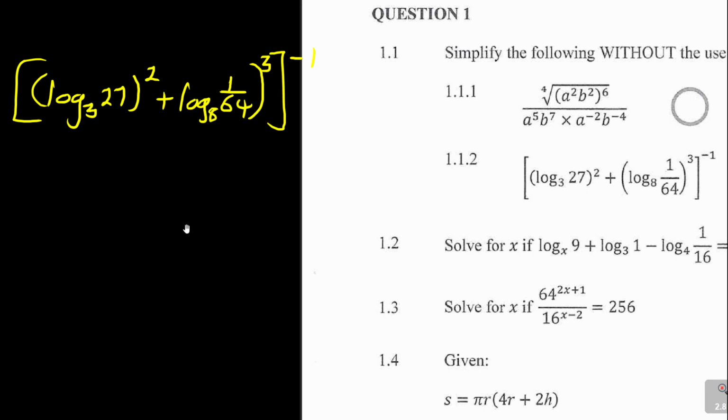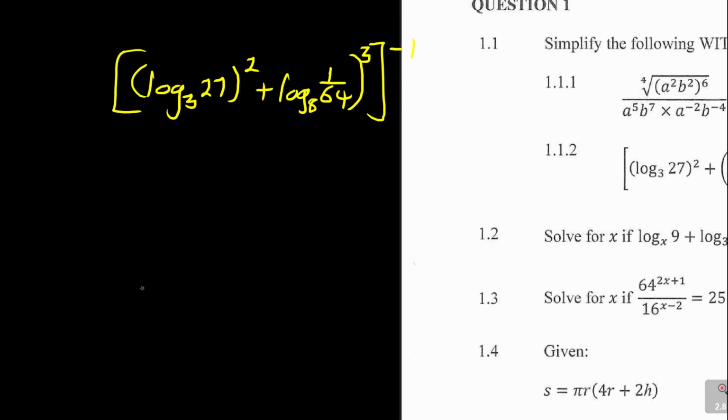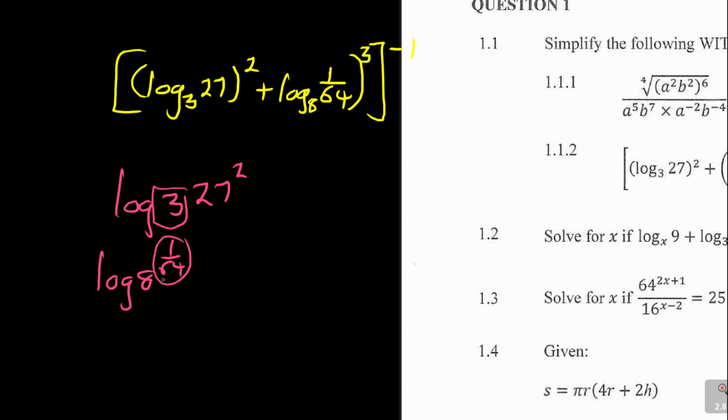Now let me show you what most students do when they're writing logs in error. This is what they do. They write log in base 3 of 27 squared. See, this is wrong because it says if the number is 3, there is no more base. Or if they're writing log in base 8 of 1 over 64, it says 64, now 1 over 64 is a power.